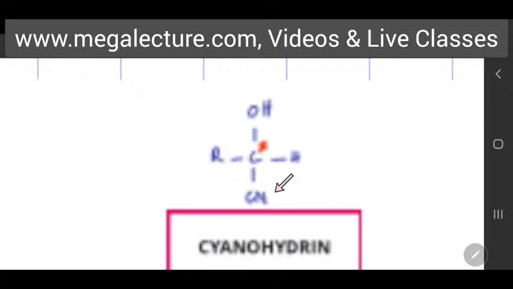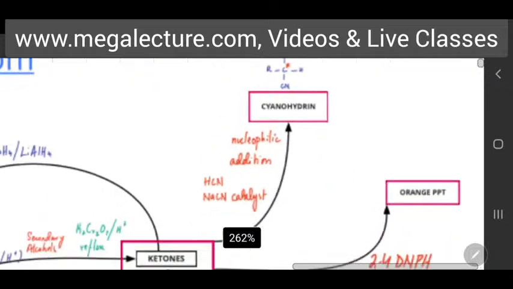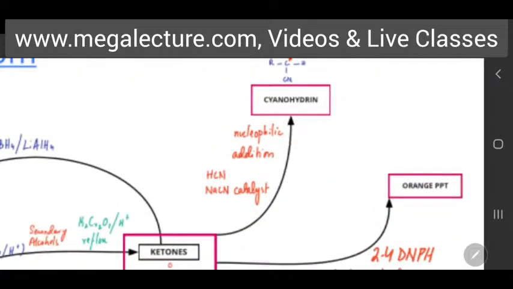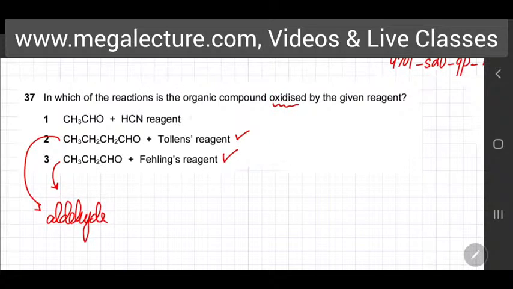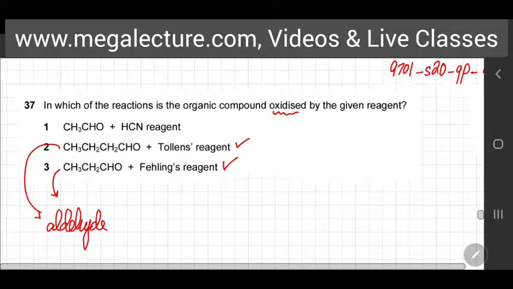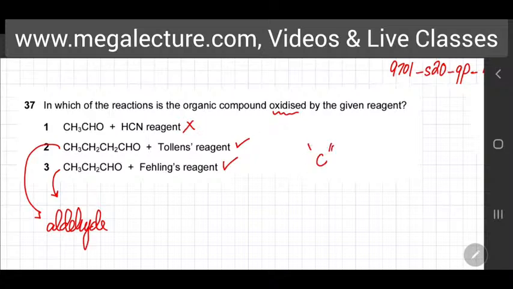So this is not an oxidation reaction. This is known as nucleophilic addition. So option number 1 is definitely incorrect, and that would make the correct option C, according to the marking key. C stands for 2 and 3 being the correct answers.